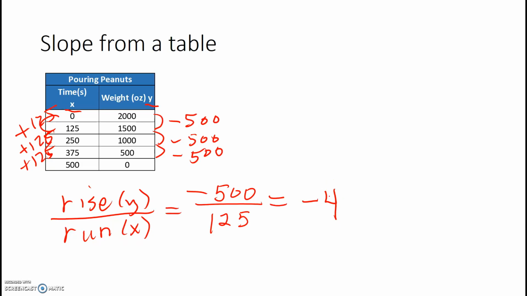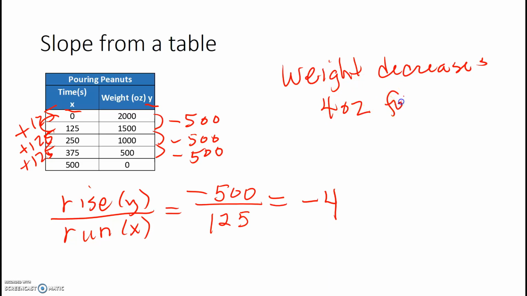What this says about the graph is that the weight decreases four ounces for each 125 seconds. Take note of the decreases. So this is how I can find slope from a table.